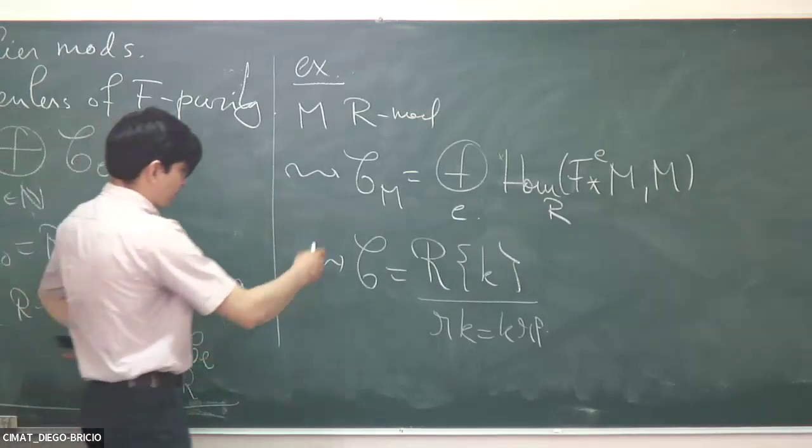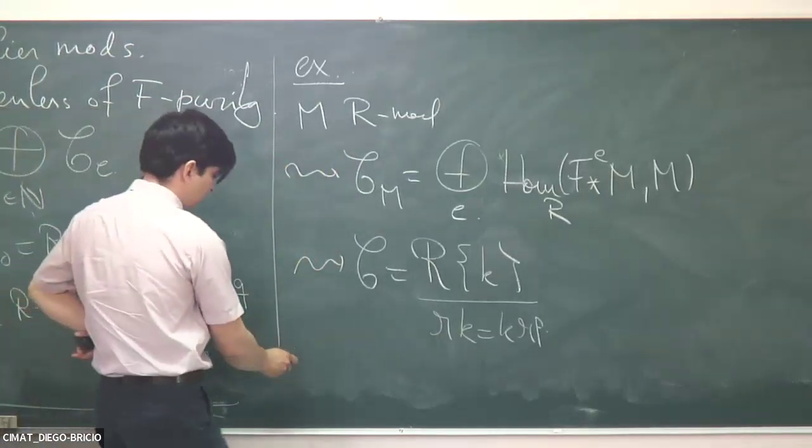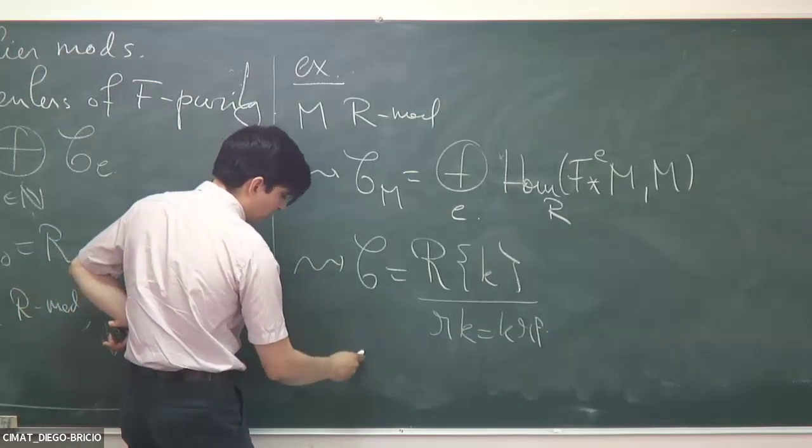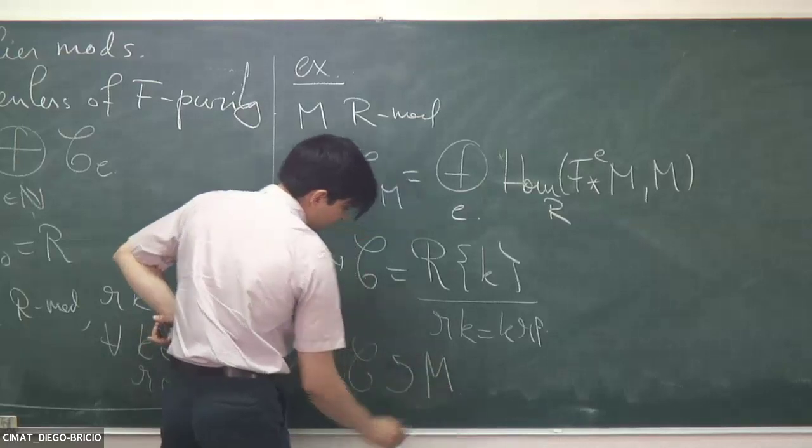And so, well, this concept of series is not so important. What is important is the notion of a Cartier module. You know, it's a module in which C acts, right?